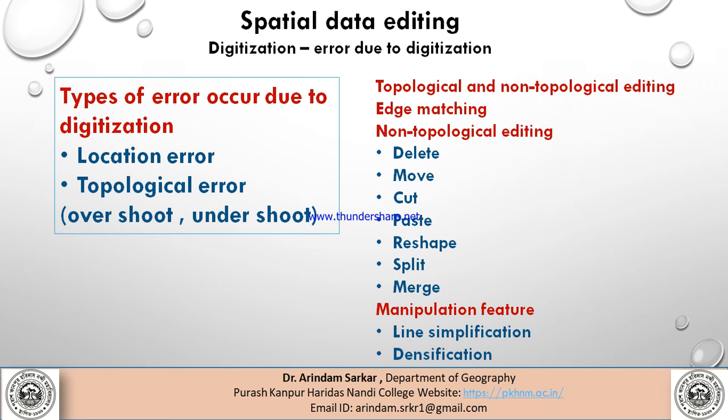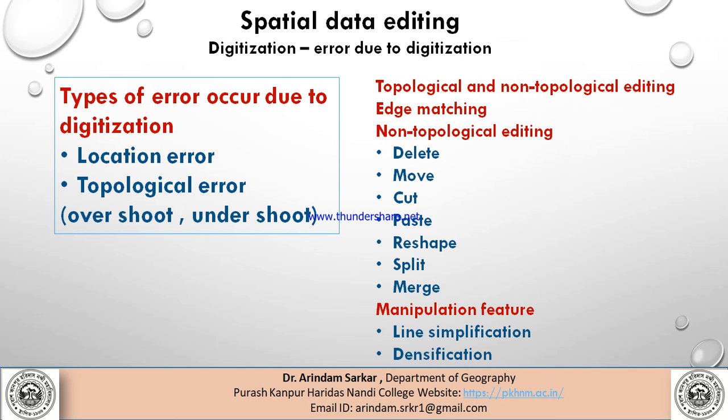Now, the local method. In the local method, they select digitizing errors from a digitized map to facilitate local editing. GIS users can use a tolerance. The tolerance for snapping nodes is called node snap.